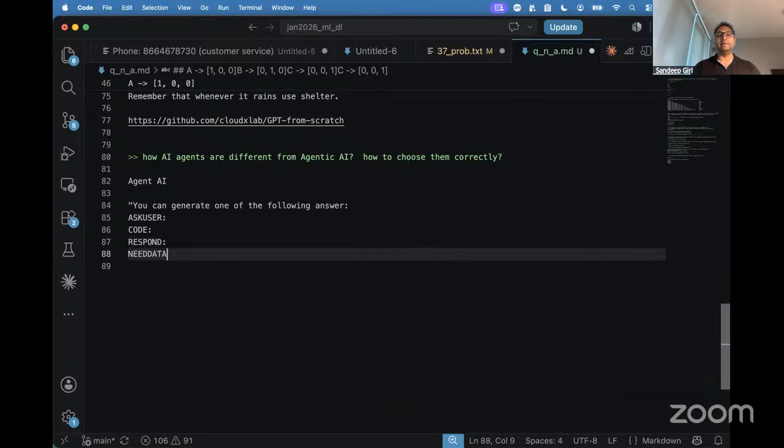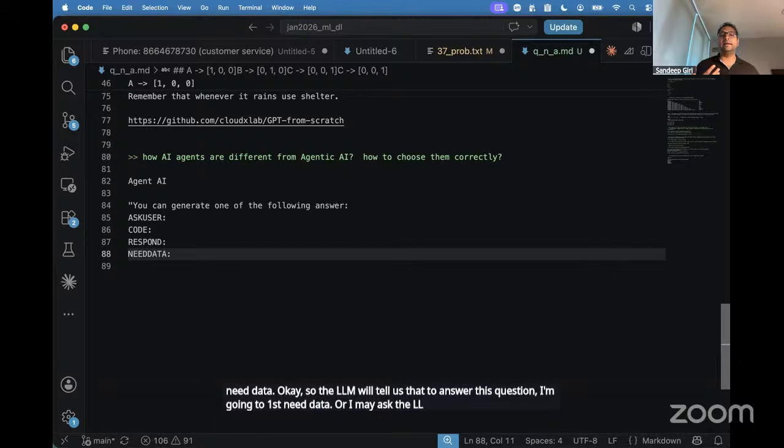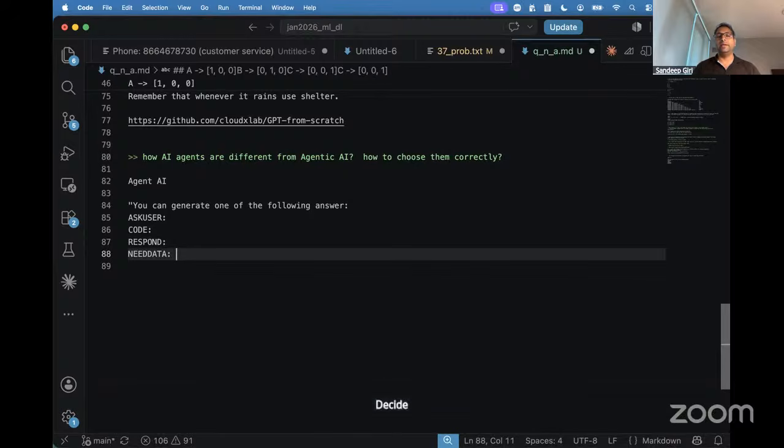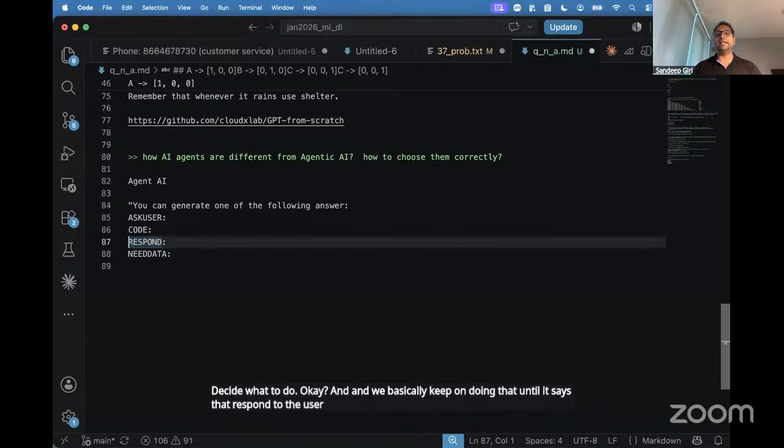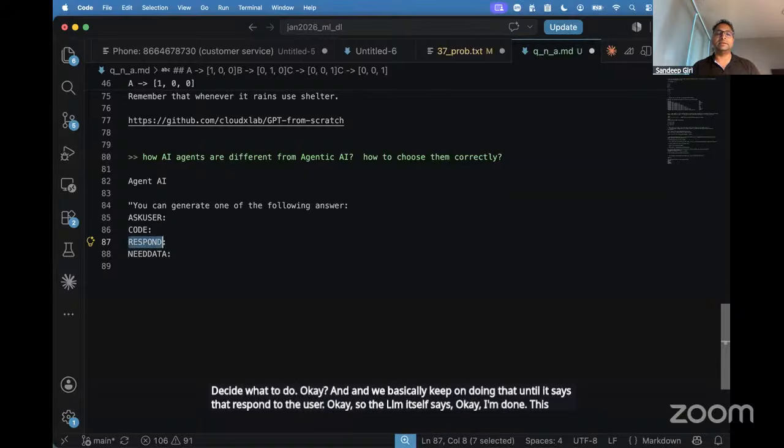The LLM might tell us, to answer this question I first need data, or it might say, ask the user this. So we make the LLM decide what to do, and we keep doing that until it says respond to the user. The LLM itself says, okay, I'm done, this is the answer.